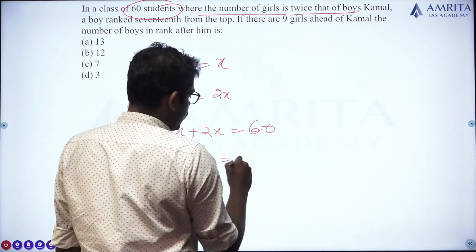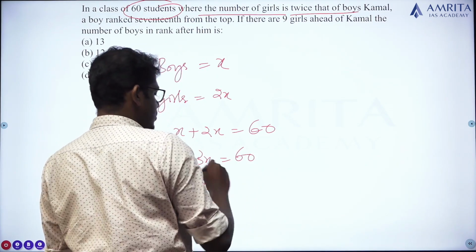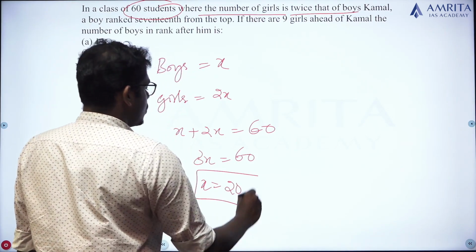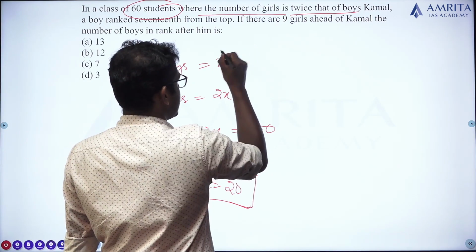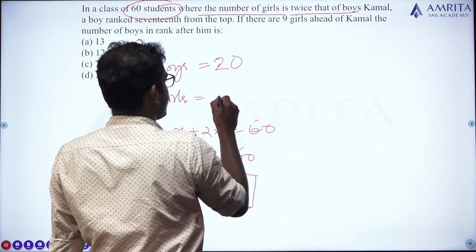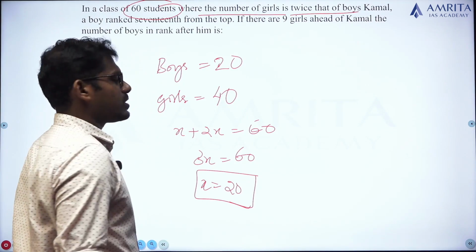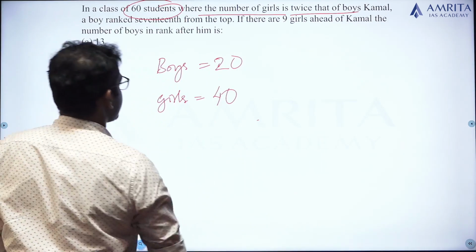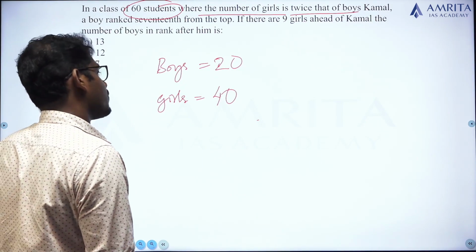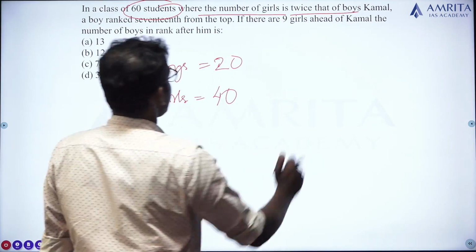That is 3x equals 60, x equals 60 by 3, that is 20. So the number of boys is 20, then the number of girls will be 20 times 2, that is 40. Okay, clear?